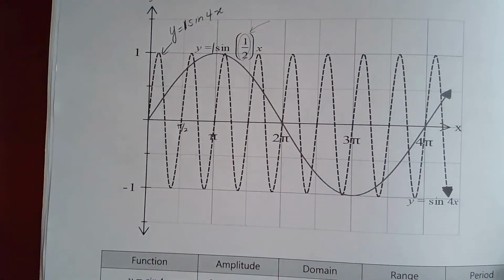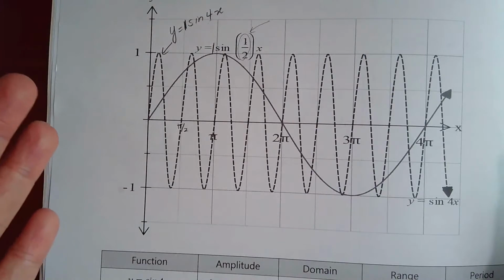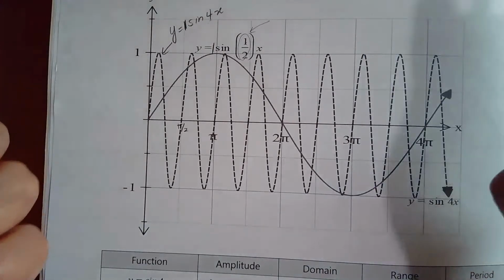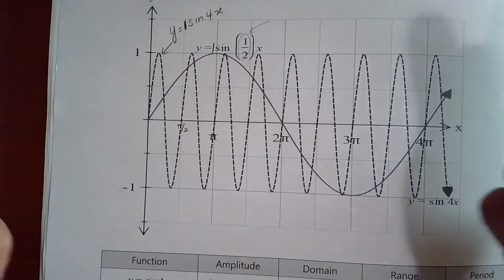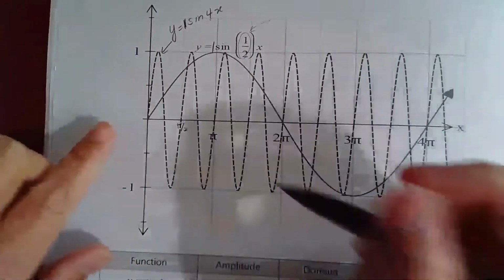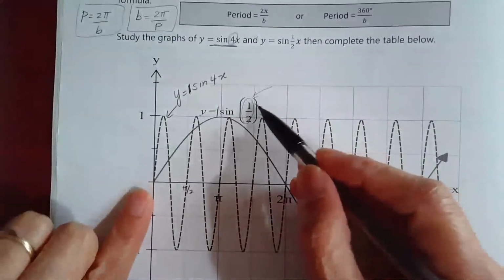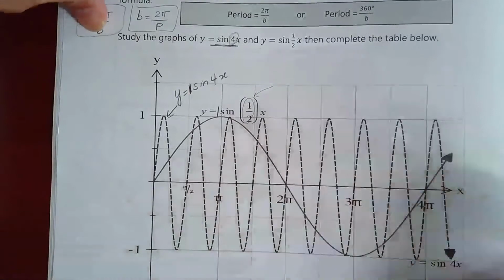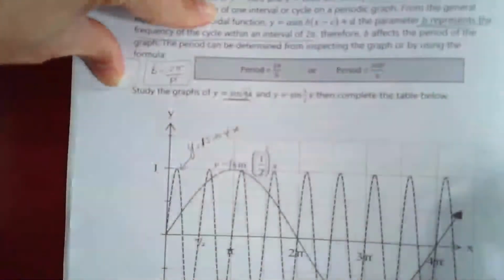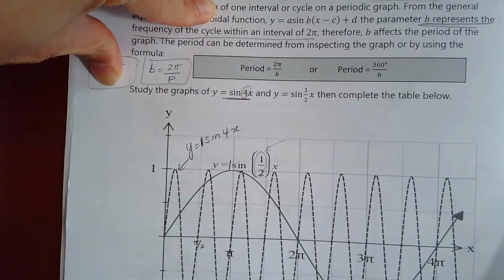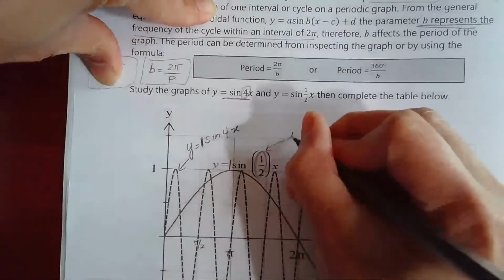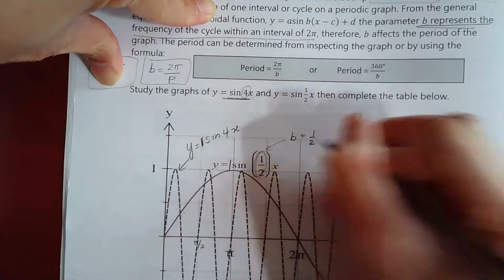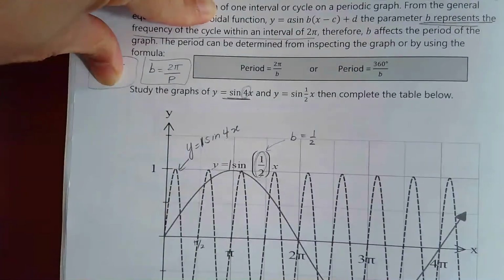The b value, when we think about our transformations, is about horizontally compressing and stretching. Here I'm going to write that down in transformational wording. So here, b is equal to 1/2.